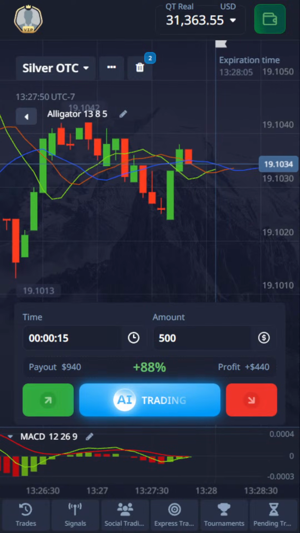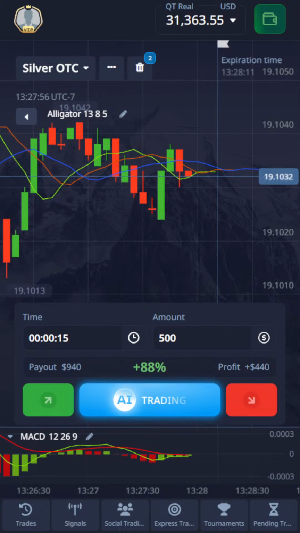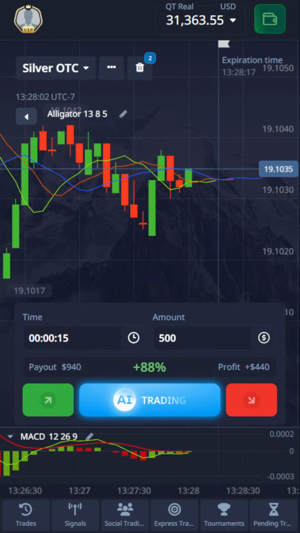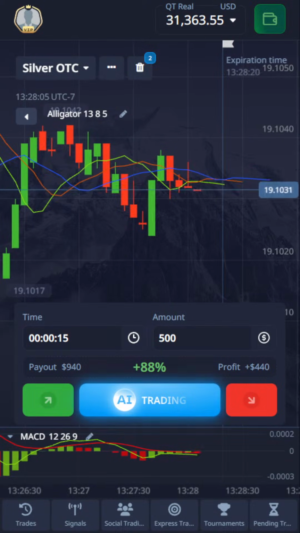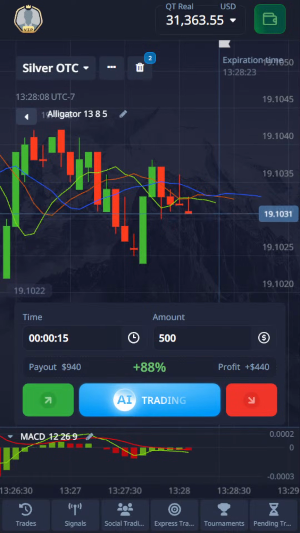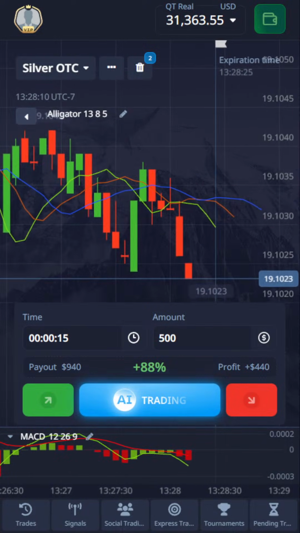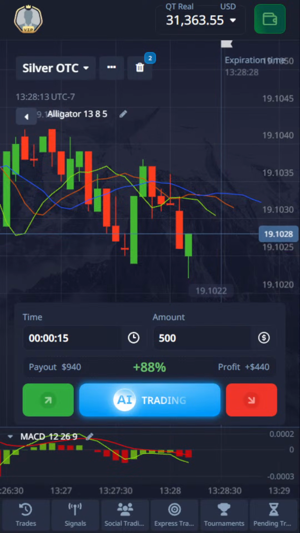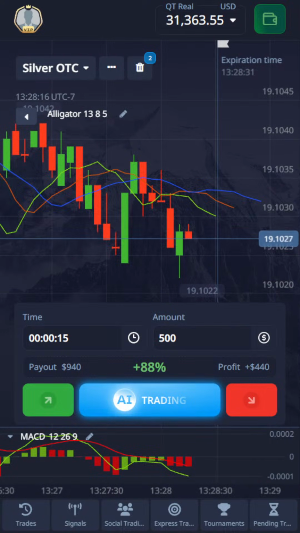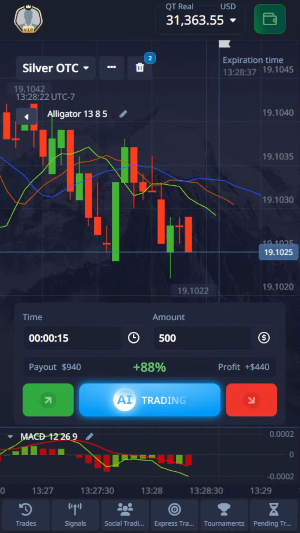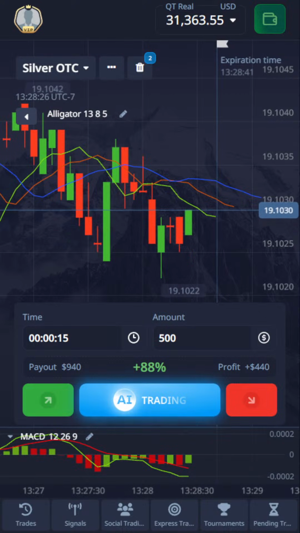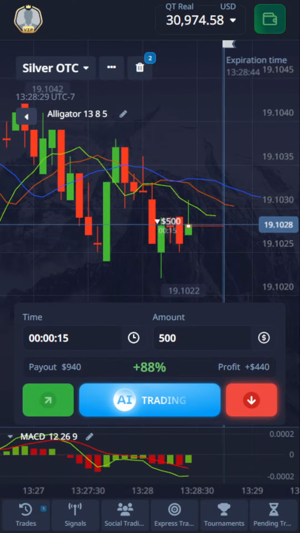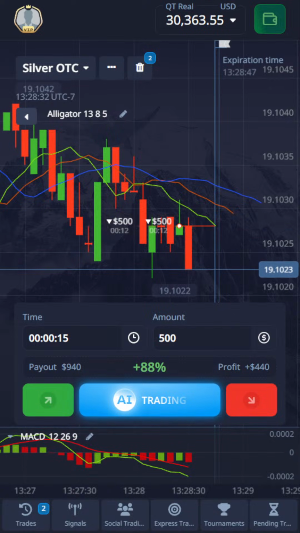JW for life. Will you explain what we are looking for, please? So what we basically look at, these two indicators, as you can see them there, that is the alligator indicator and the MACD indicator. So they do a great job. So what we are looking at, the most important thing here are the indicators and then the candlestick patterns.